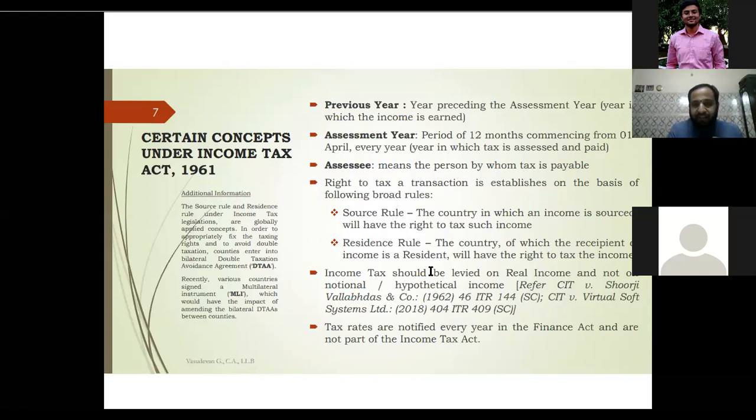So why do I say source rule? If there is a source of income arising in India, suppose you have a property in India and you sell the property in India, you will have to pay tax in India. Why? First, the subject of tax, the property, is in India.